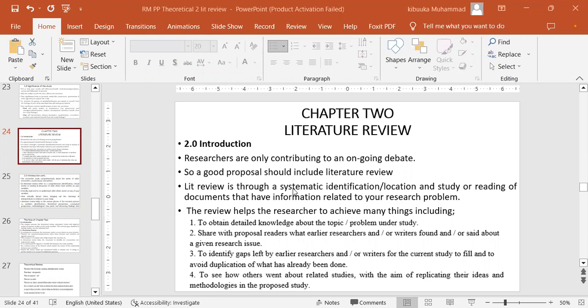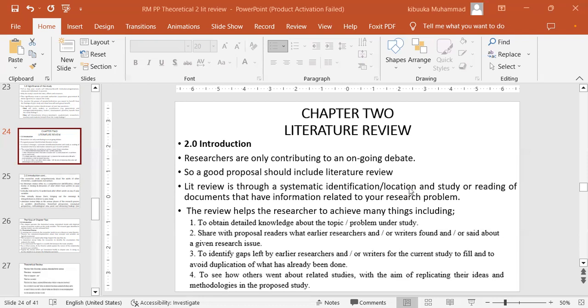If you don't know them, you search for them. You go to your dictionary and identify a list of synonyms. The other possible words people have used which are similar to that concept. Having listed them down, then you start identification or location. Where am I going to get the information about these concepts?